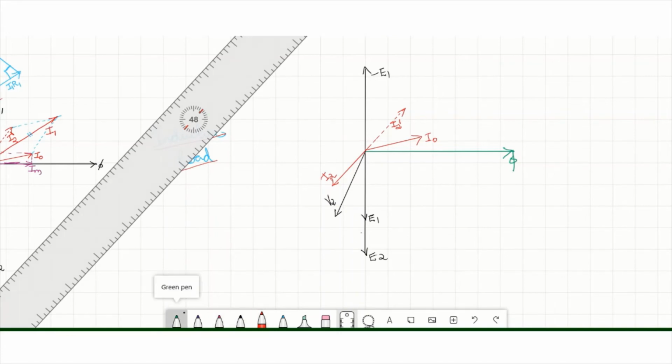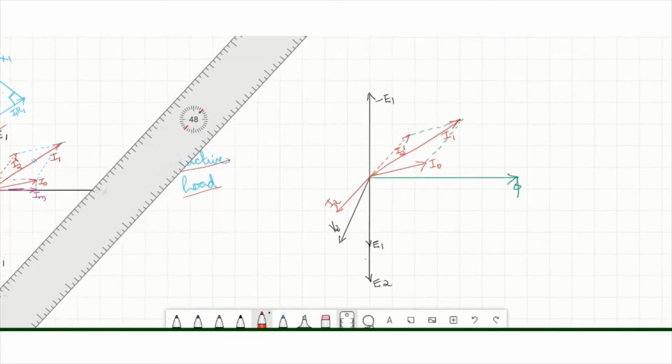So in order to get the resultant, construct a parallelogram with sides I0 and I2 dash. The diagonal of this parallelogram will be the resultant of I0 and I2 dash, which is equal to the primary current I1.